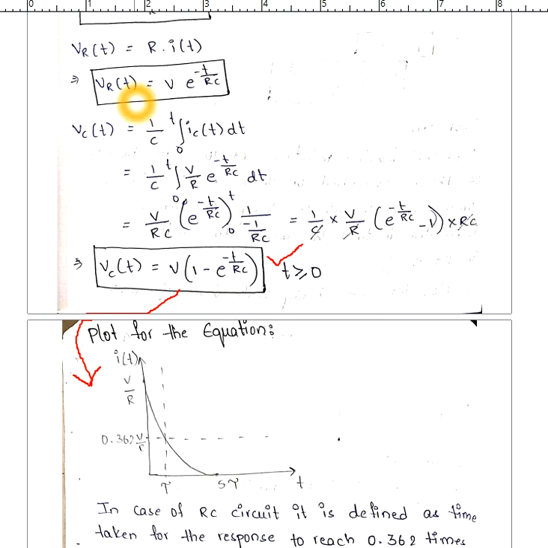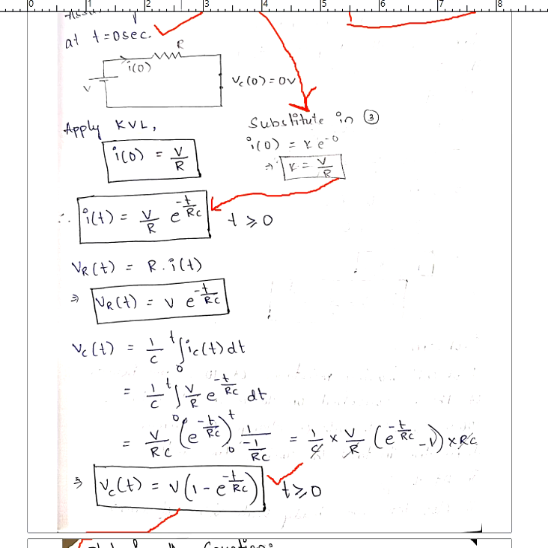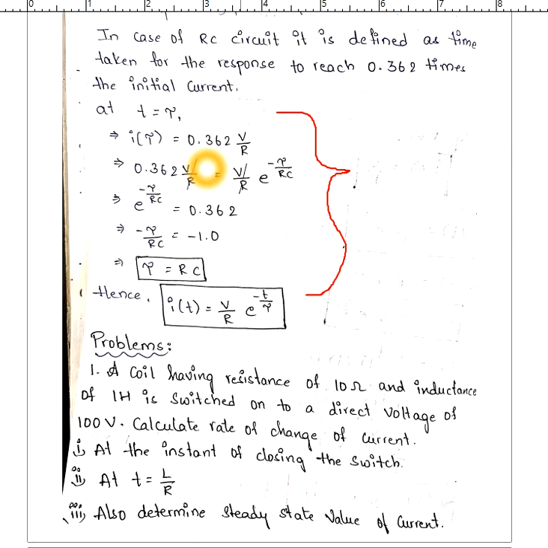We already got the initial current: I of 0 is equal to V by R. Accordingly you can derive tau, which becomes equal to RC in case of a series RC circuit. So this RC can be replaced with tau as given here.